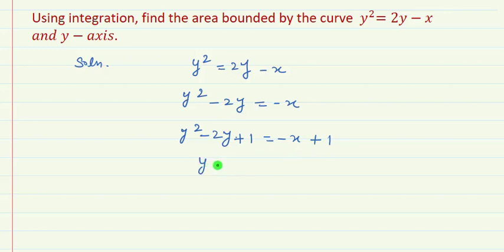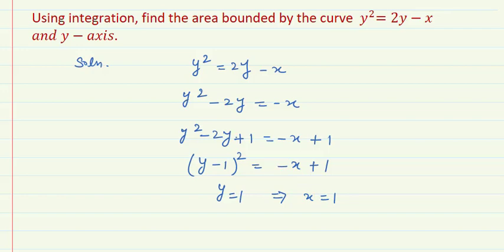So clearly it is y minus 1 whole square equals minus x plus 1. Now as I told you, first of all we need to put the value which is in square as 0. So if we put y minus 1 as 0, then clearly we are getting y is equal to 1. And when y is equal to 1, clearly we are getting x is equal to 1.